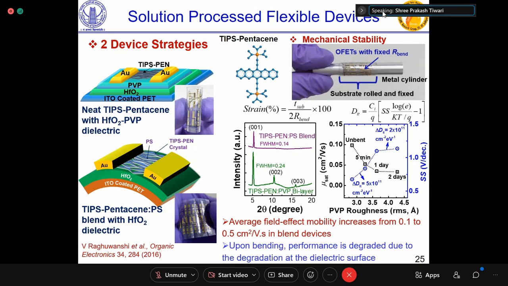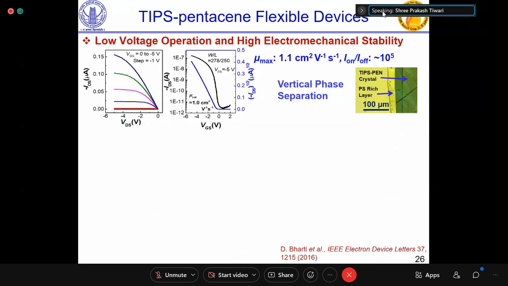And in both cases, I think average performance was decreasing when you bend the device. And we just tried to correlate that when you are bending, the roughness of dielectric was increasing. And when roughness of dielectric increases, you get a change in the performance. Okay, so that reflected in density of interface trap. Okay. So essentially, we demonstrated devices which were operating at 5 volt with very good output and transfer characteristics, numbers reaching up to say 1.1 centimeters squared per volt second, but average was 0.5.